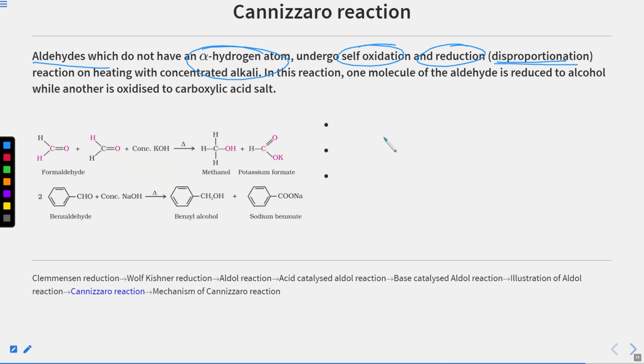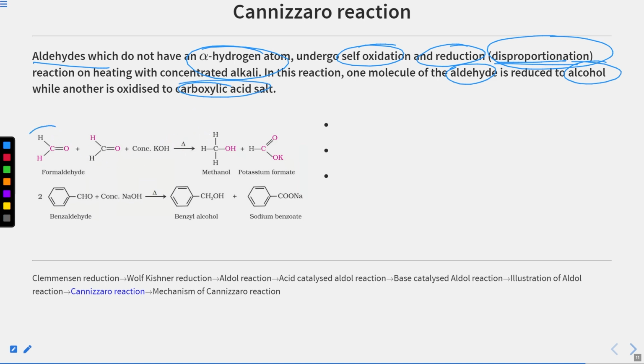So this is very important: if something is getting oxidized and reduced simultaneously, if the same molecule is getting oxidized and reduced, then the reaction is called a disproportionation reaction. We do it in the presence of an alkali. In this reaction, one molecule of aldehyde is reduced to alcohol, while another is oxidized to carboxylic acid. What do you mean by this?